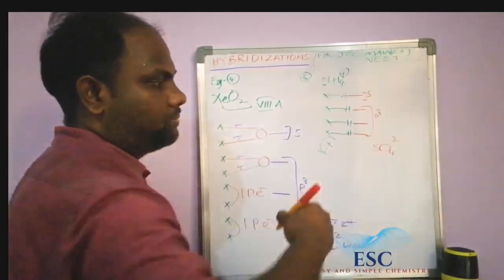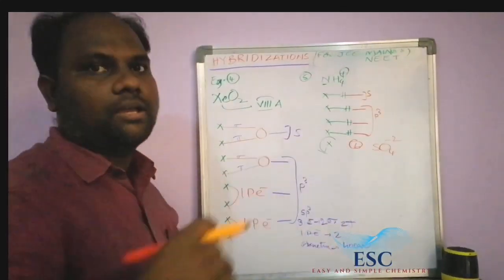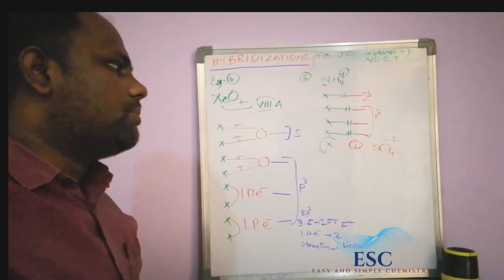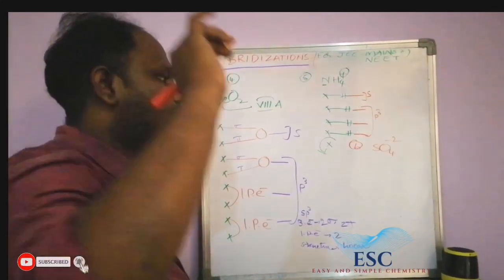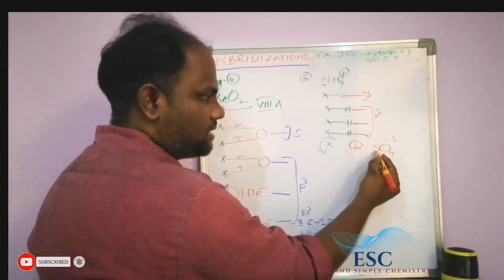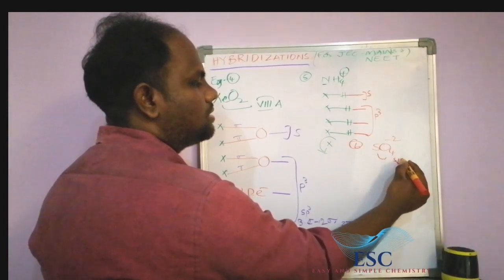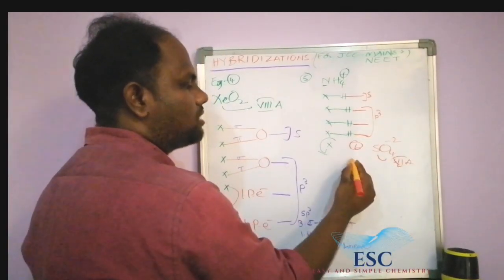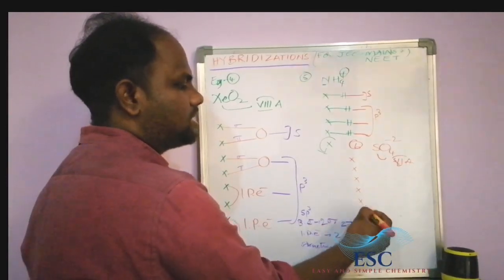Then going to example number 6: SO4 minus 2. What happens when there is minus 2? Sulfur is a 6A group element, so 6 cross marks: 1, 2, 3, 4, 5, 6.